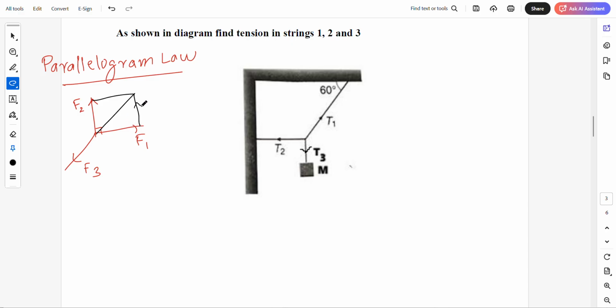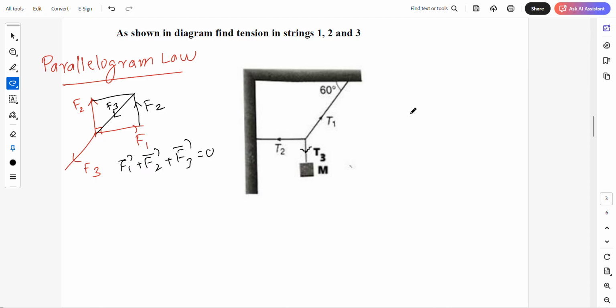This is F2, this is F1, this is F3. F1, F2, F3 are in same order. Resultant force is 0. Vector F1 plus vector F2 plus vector F3 is equal to 0. Now see the directions here.